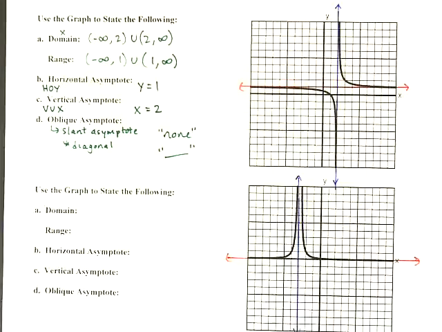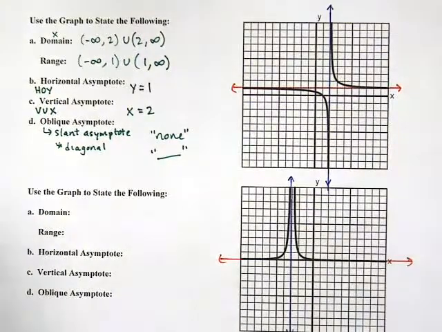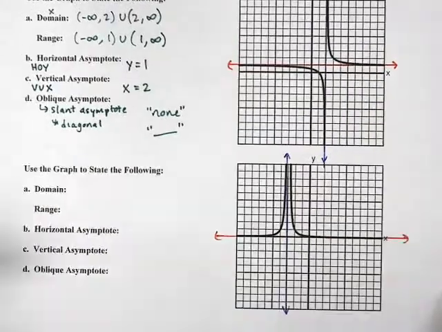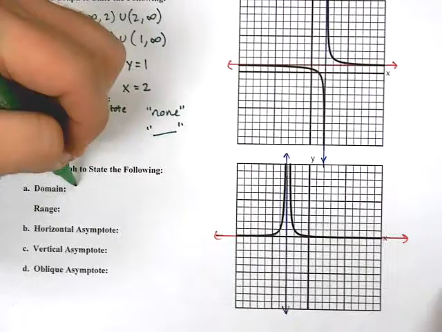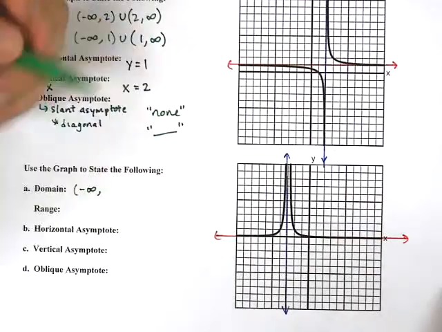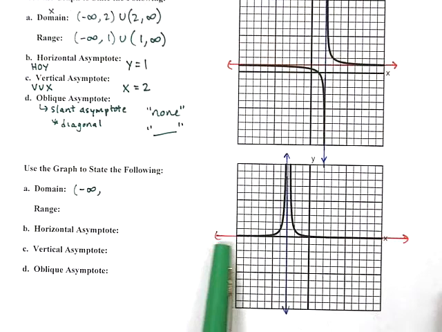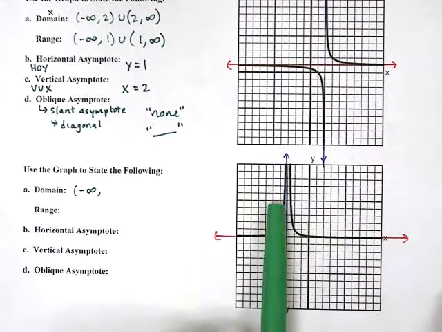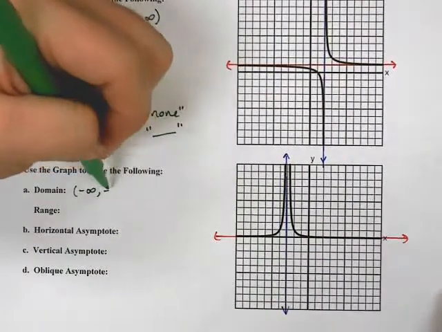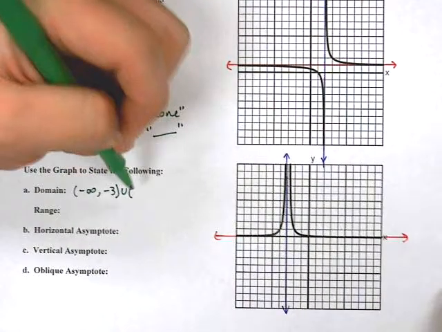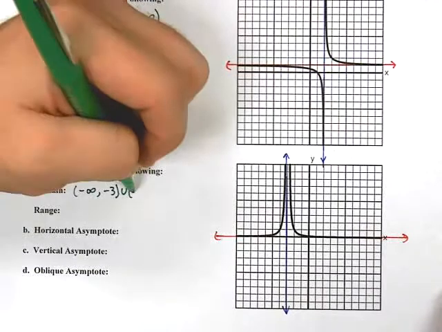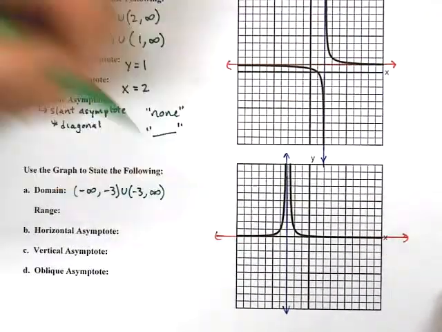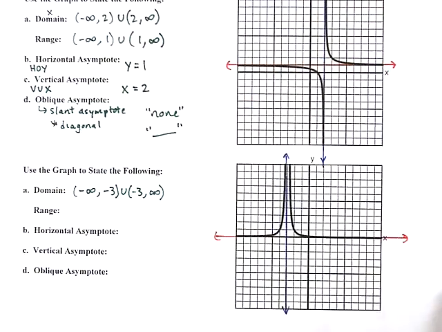And now we're ready to answer some questions. So, domain. Domain is going to start at negative infinity. And because I have a vertical asymptote at negative 3, I know that I have to stop at negative 3 and then start right back up at negative 3, because it will never actually have an x value of negative 3.